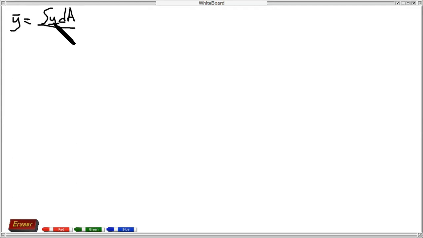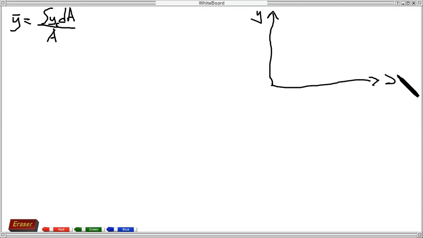Okay, so it's the same equation again. You're going to have to divide it by the area that is given. If you look at the shape that you're given, this is your y-axis, and this is your x-axis, and the triangle looked like that. This is the small strip that they were talking about that they want us to use.